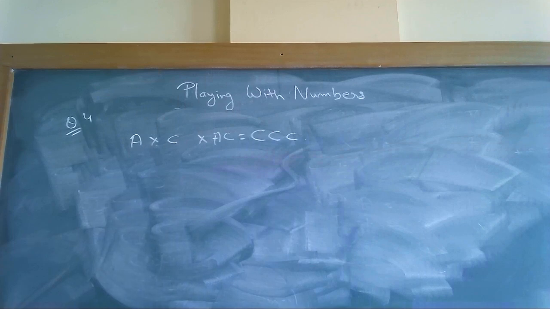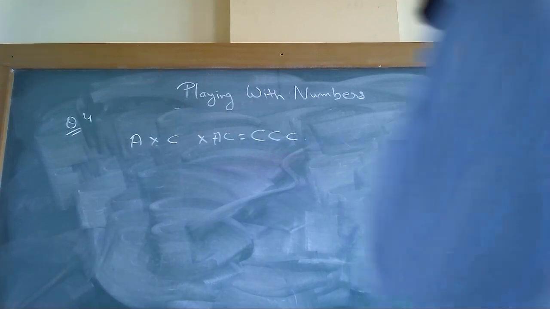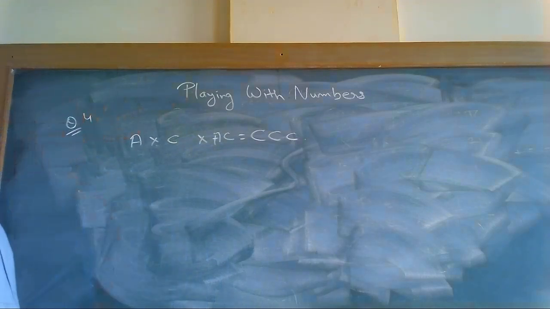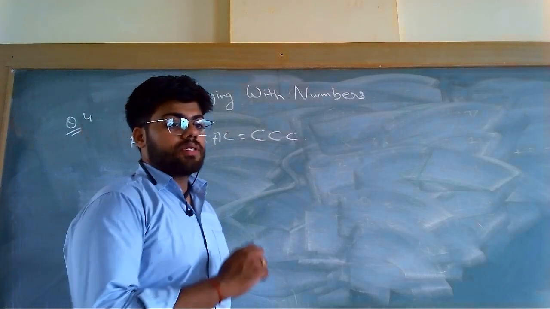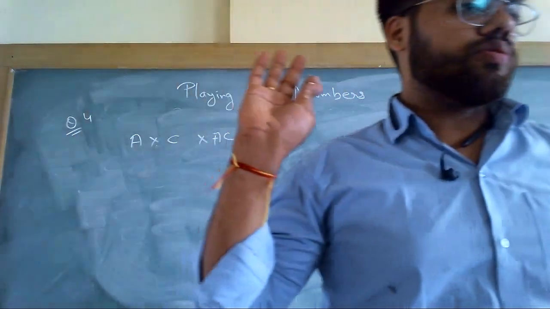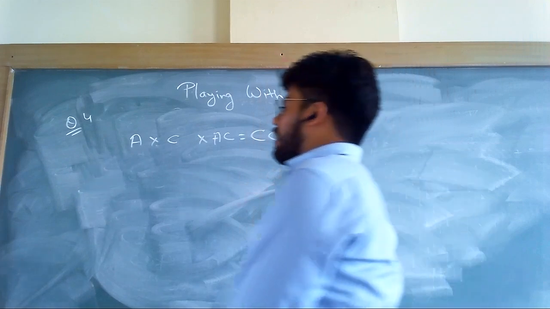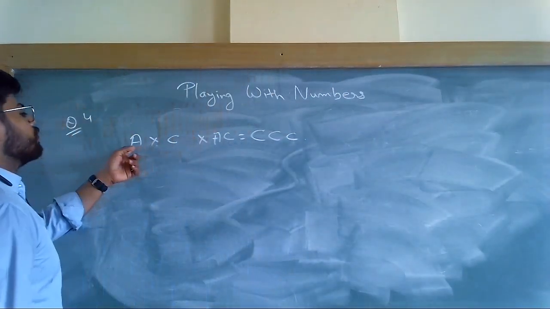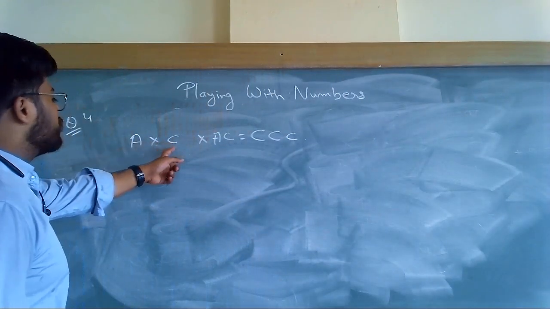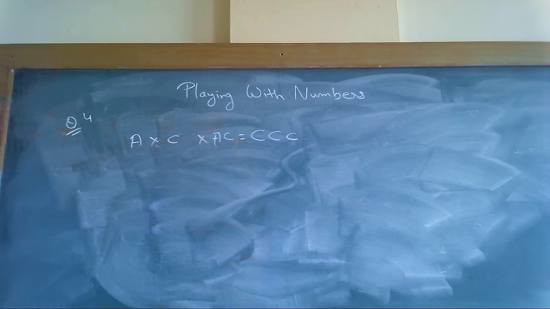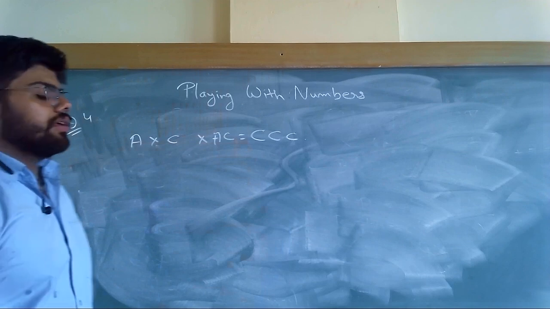Now look at that. This one we have to think about. Very different question and very difficult also. So the value of A we have to think: if I take 1, both are 1, then 1 into 1, the result will be 111, but different digits are required. If I take 2, then 3.